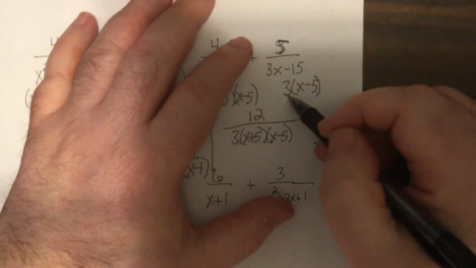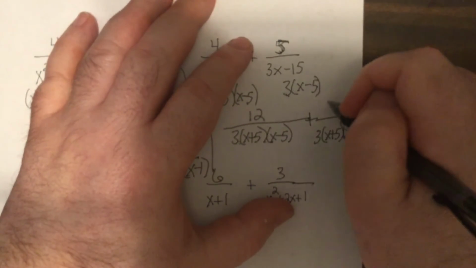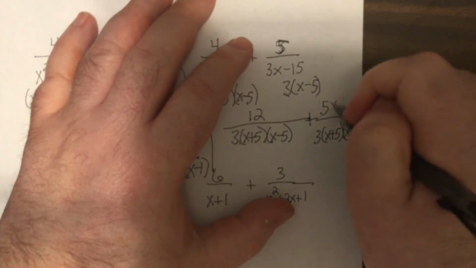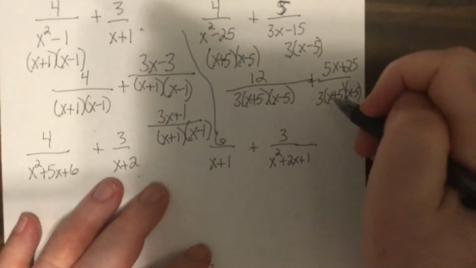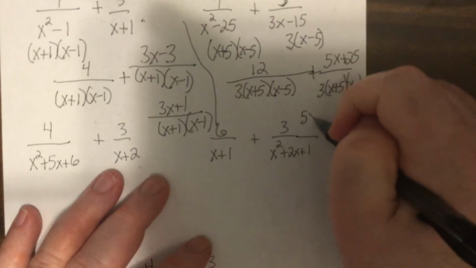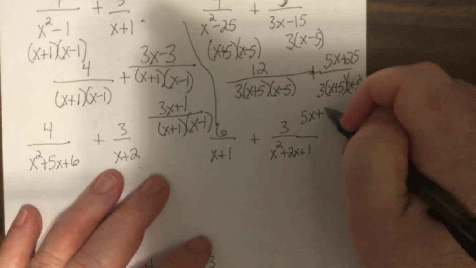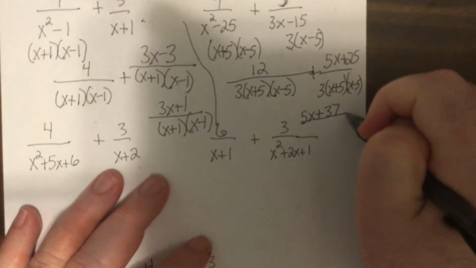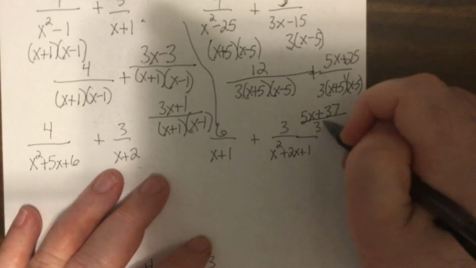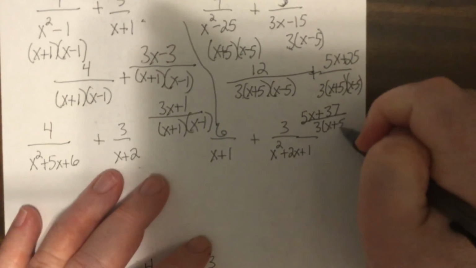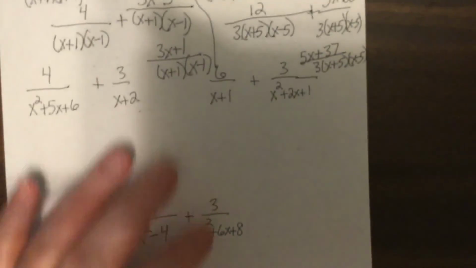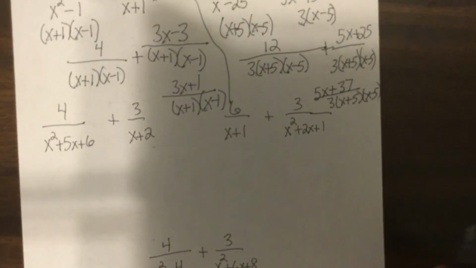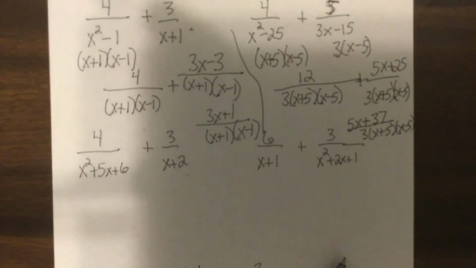This one has the 3 and the x minus 5, so I have to multiply the top by x plus 5. And I'm distributing that. So this would be 5x plus 37 over 3x plus 5, x minus 5. Oh. Well, I'm going to stop there and then have part 2.